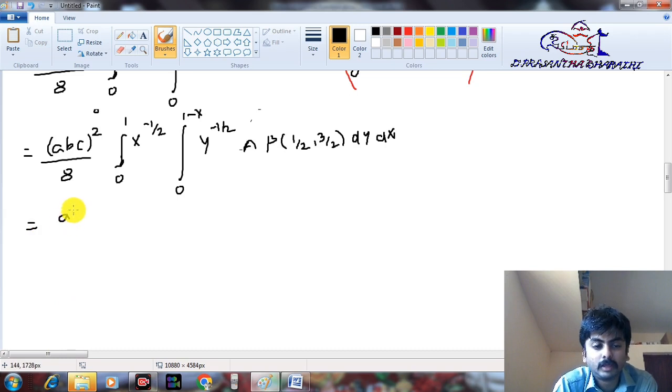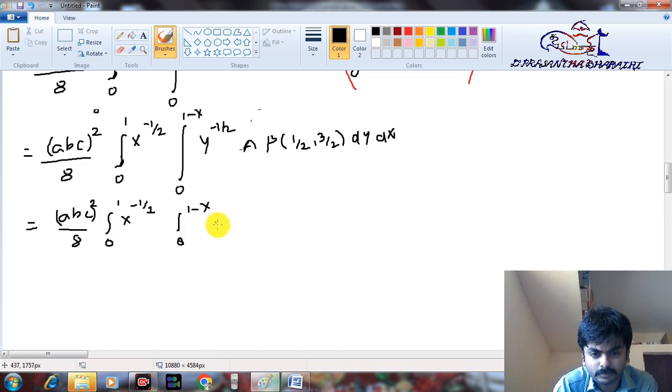Now abc the whole square by 8, integral 0 to 1 x power minus 1 by 2, integral 0 to 1 minus x, y power minus 1 by 2, into the value of a.